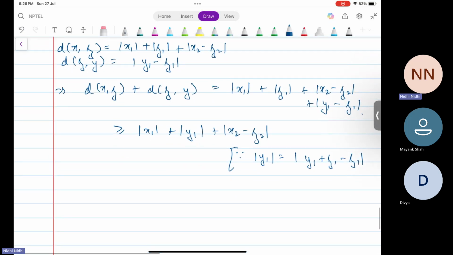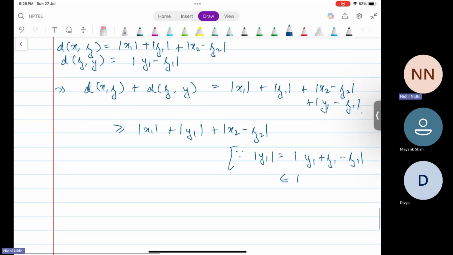I just introduced plus and minus z1. Now by the triangle inequality, this is less than or equal to mod y1 minus z1 plus mod z1. So these two terms turn out to be greater than or equal to mod y1.